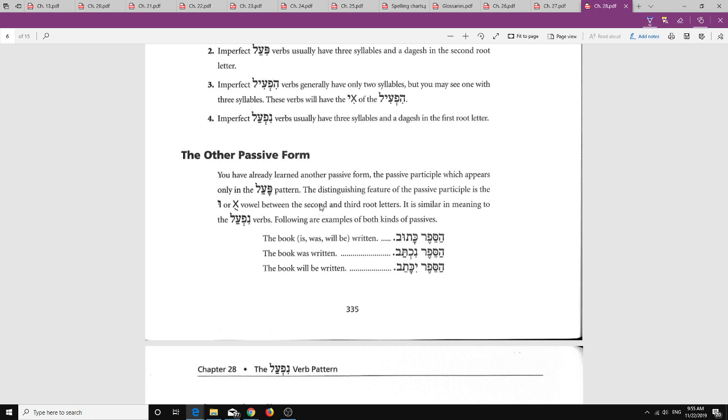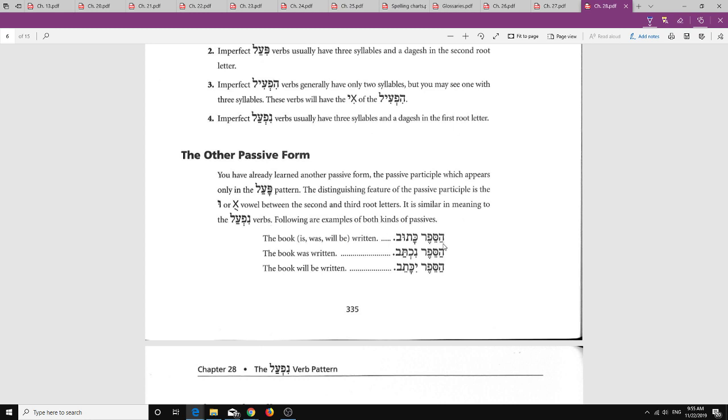It has pretty much the same translation value as the niphal, except that, remember, participles are not tied to a tense. Participles are often used to express present tense, although they can express past and future as well. It's one of the only ways in Hebrew to express present tense.